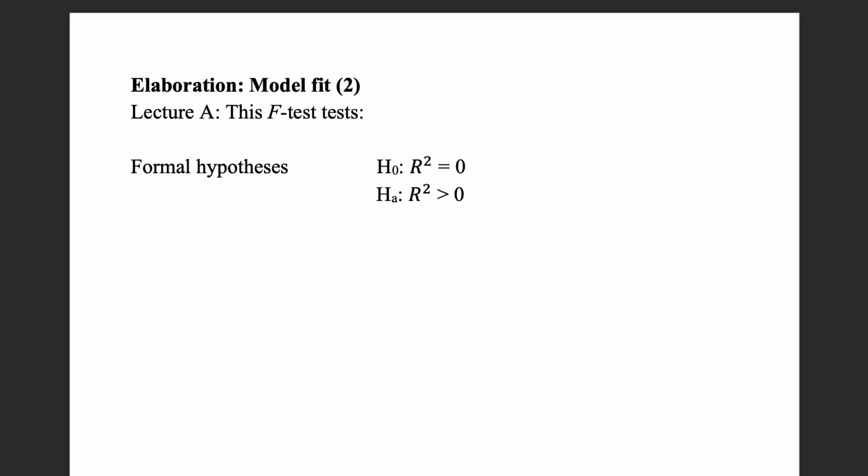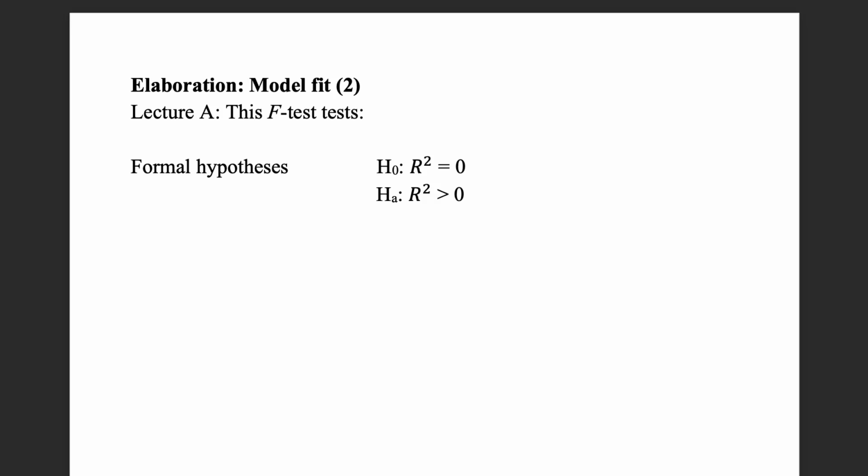That would be an indication that we are at least able to explain some of those differences in grades with the model that we just estimated in our sample. So that's what we are formally testing when we are testing this null hypothesis with this F-test.